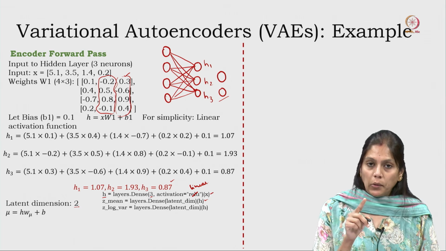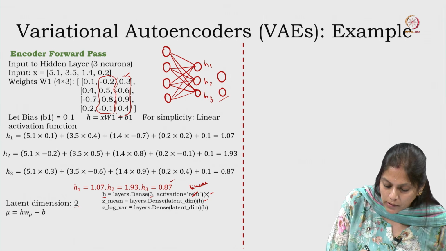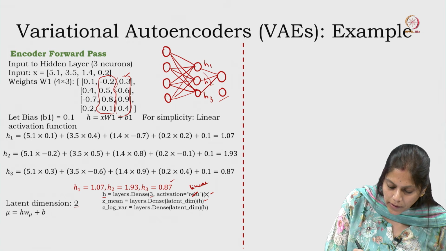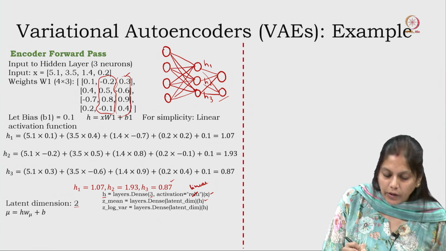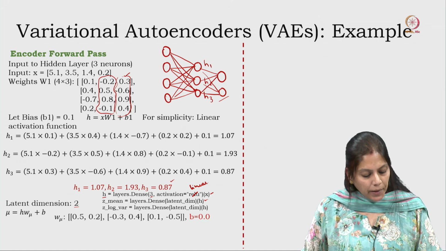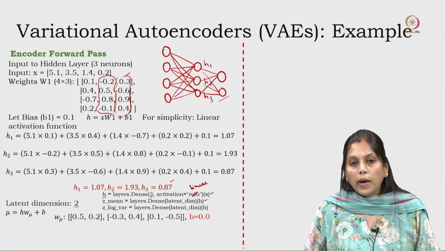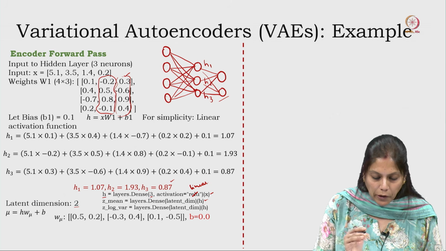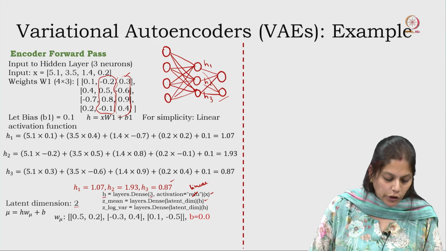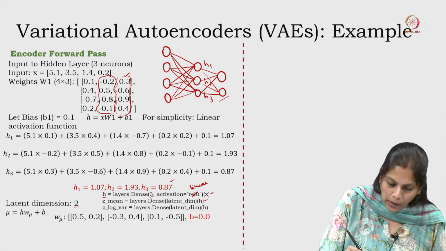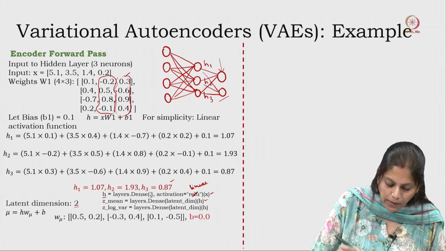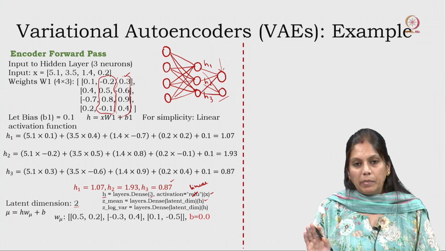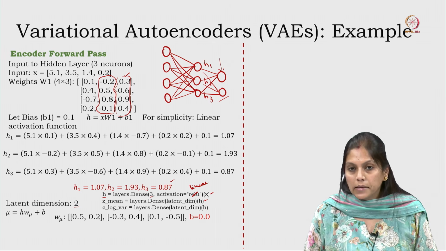In order to calculate the mean, here again you are establishing a connection, so we require weights here. Let us assume these are the weights for this particular calculation, and then the bias, which for simplicity again we have taken as 0.